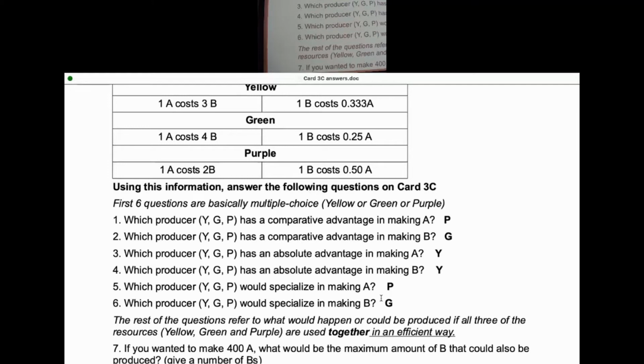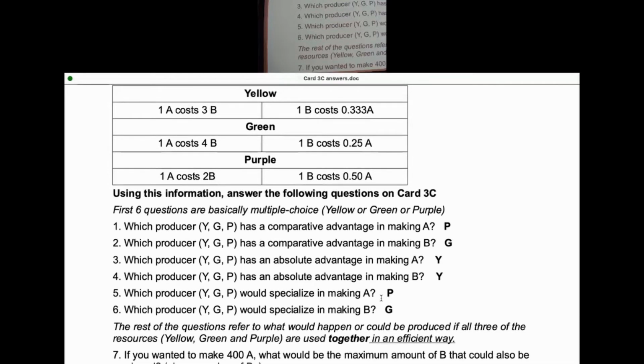Well, the one you'd have make the A would be the one that has the lowest cost of making A, right? That's how you end up with the most. The law of comparative advantage says if you want to end up with the most at the end of everything, if you want to be efficient in production, you have to pay attention to opportunity cost or comparative advantage. So the one with the comparative advantage is the one you would ask to make the A first.